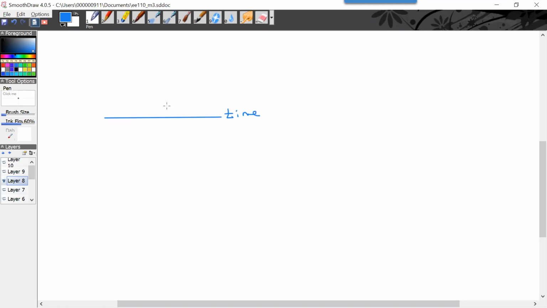So here I have time, and I have a delta function. Delta functions, their height equals infinity, and their width equals 1 over infinity, which if the width were that small, you wouldn't see the width of the ink, and a height of infinity, you can't draw.